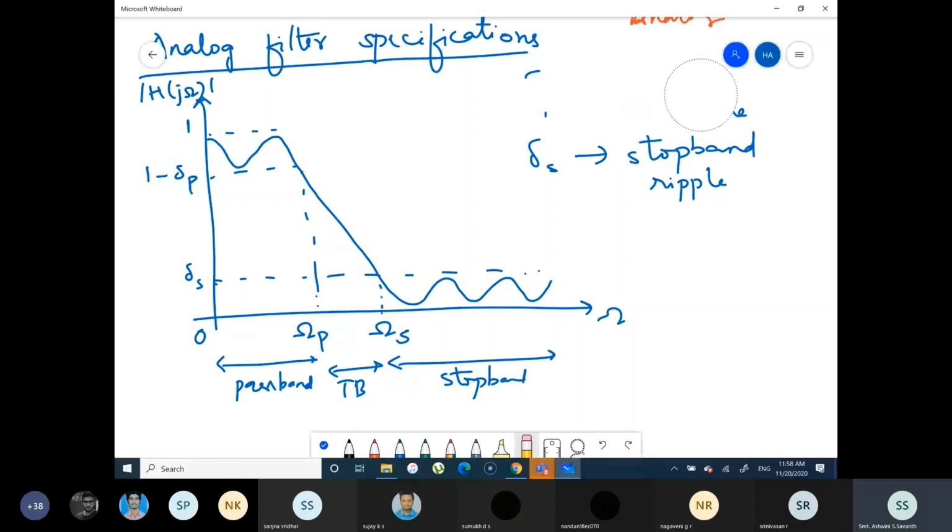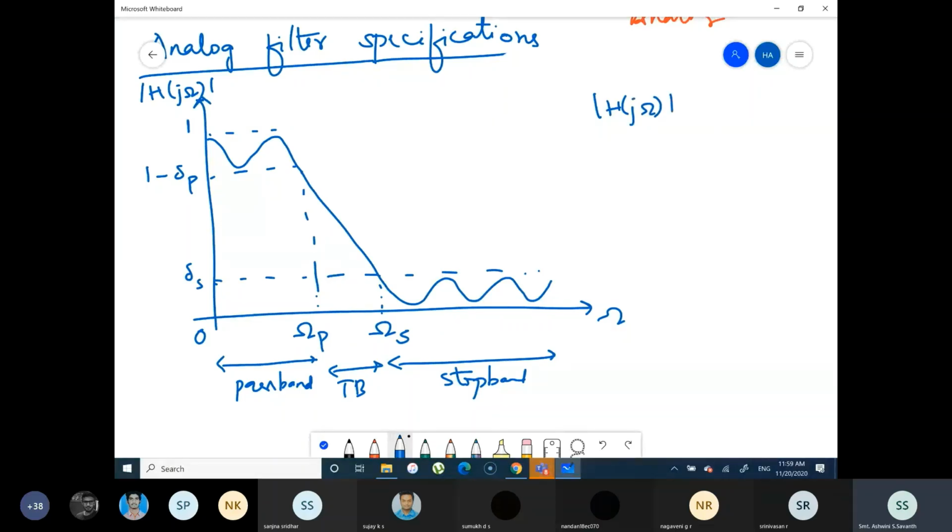The mathematical representation is written as: now see, the magnitude of H(j omega) is varying, in the passband, between 1 and 1 minus delta p. The magnitude varies between 1 and 1 minus delta p. So it's greater than 1 minus delta p, but less than 1.